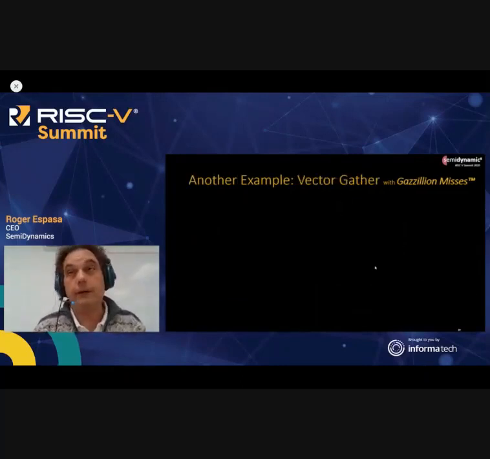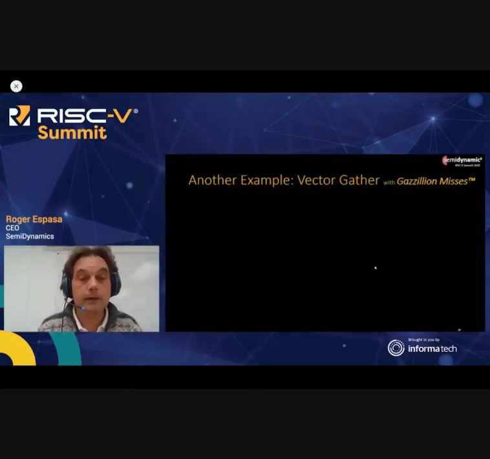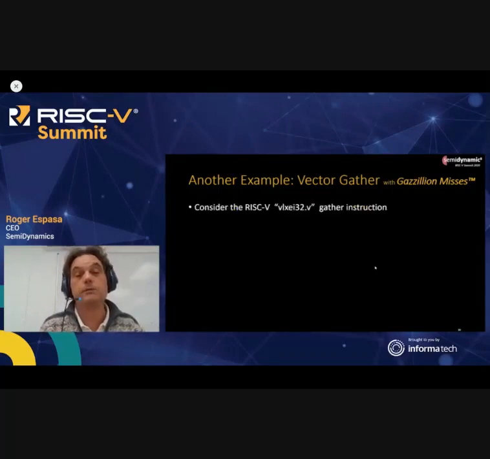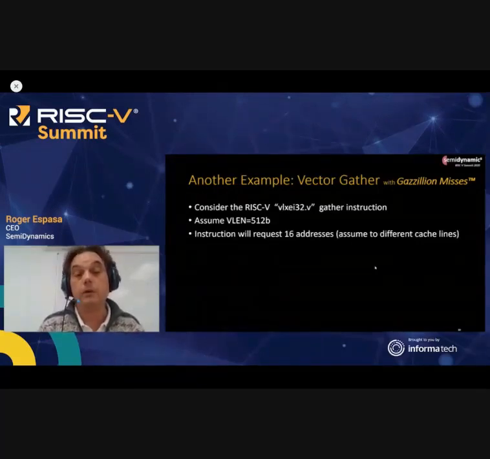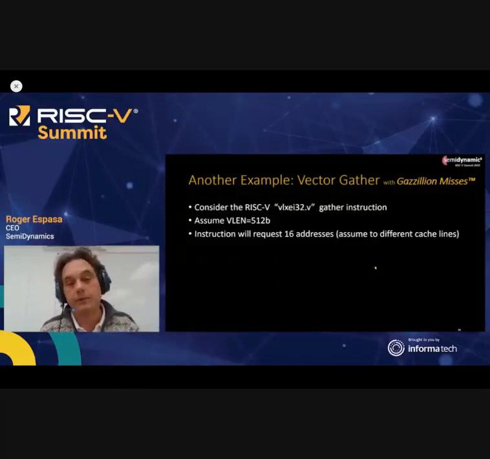If you have vector instructions, if you have a vector unit, which we'll talk about in a second, this technology shines even more. If you consider the RISC-V VLUXEI32 instruction, which is a gather, and you assume a VLEN of 512 bits, that instruction will make 16 requests to the memory system. I'm assuming it's a gather, so each request will go to a different cache line.